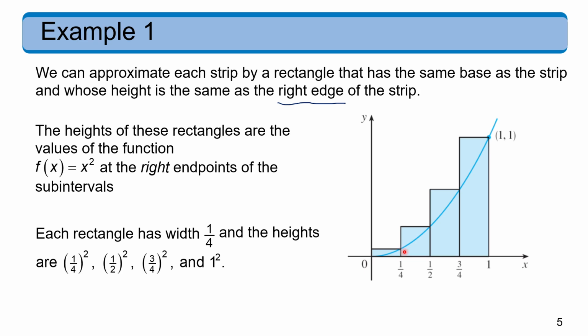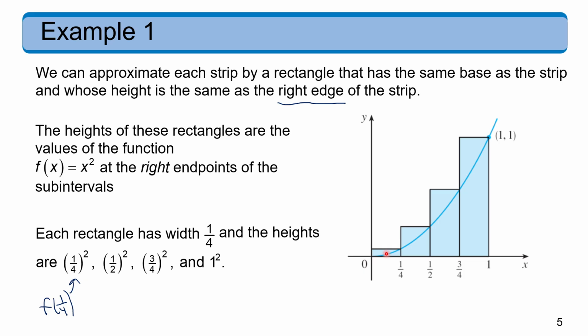The function here has formula f of x equals x squared. So for this first rectangle, the height would be f evaluated at 1/4. Plugging into the formula, x squared, plug in 1/4, you get 1/4 squared for the height of this rectangle.